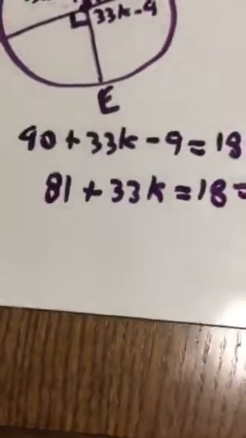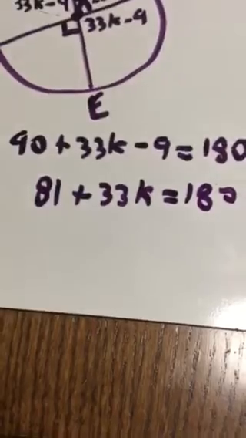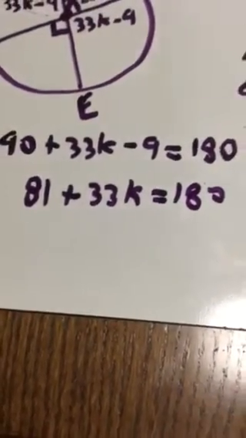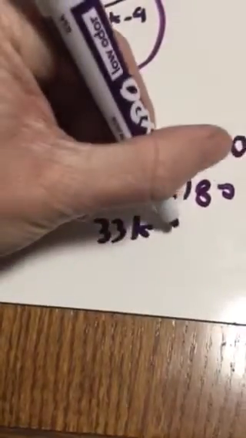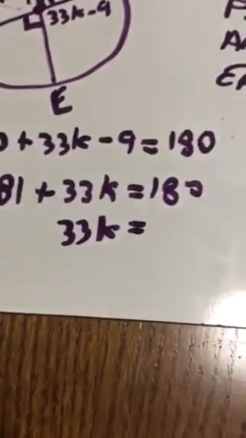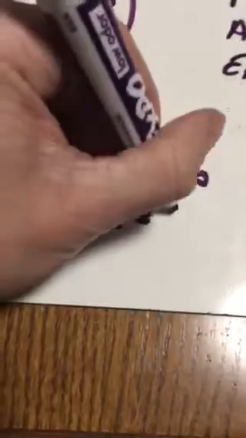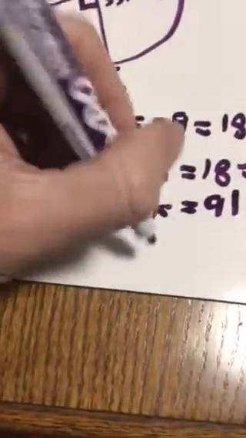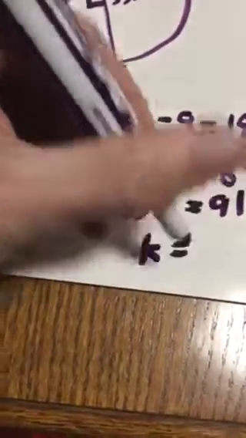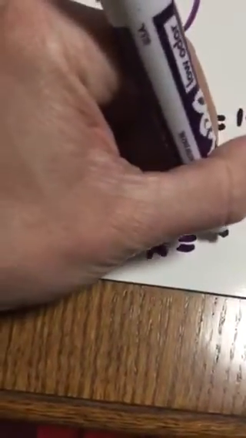Then subtract 81 from both sides, and we get 33K equals 180 minus 81, which is 91. Divide both sides by 33, and you'll get K equals 3.